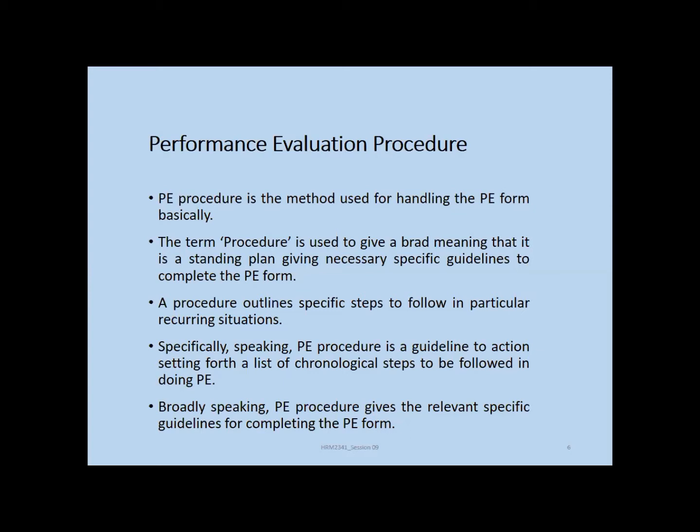Likewise, the chronological steps are given by the performance evaluation procedure, and those steps should be followed by the performance evaluator. Broadly, the procedure gives the relevant specific guidelines to complete the performance evaluation form.